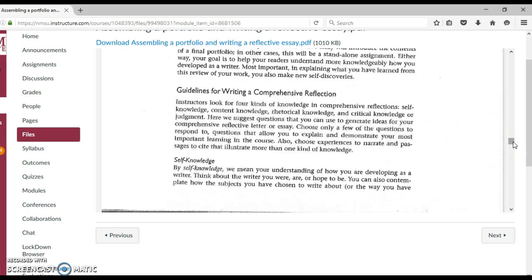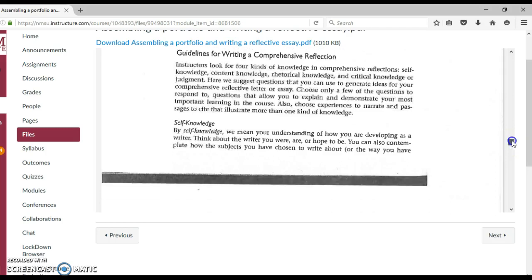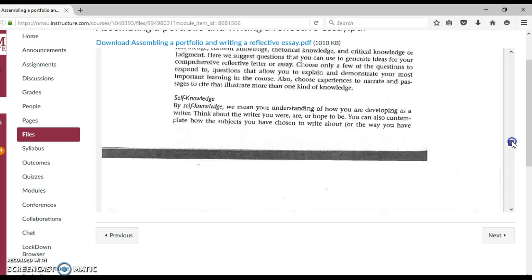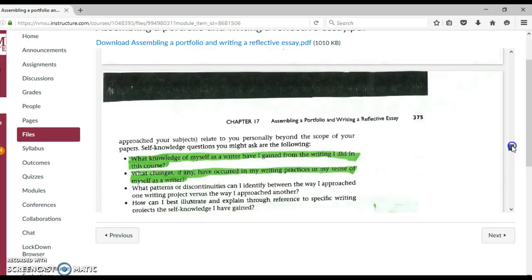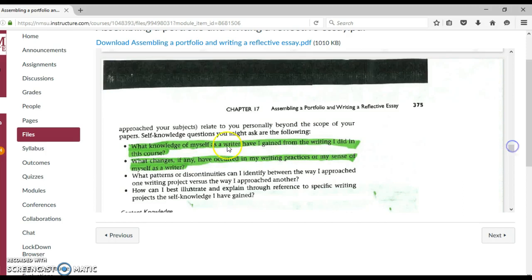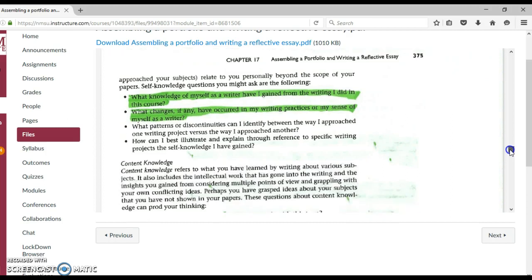So when you write your letter, you want to include self-knowledge, which basically means that you should be able to talk about yourself, how you are as a writer, how you are as a student. And I went ahead and I underlined or I highlighted several questions that I feel are beneficial to address in the letter.